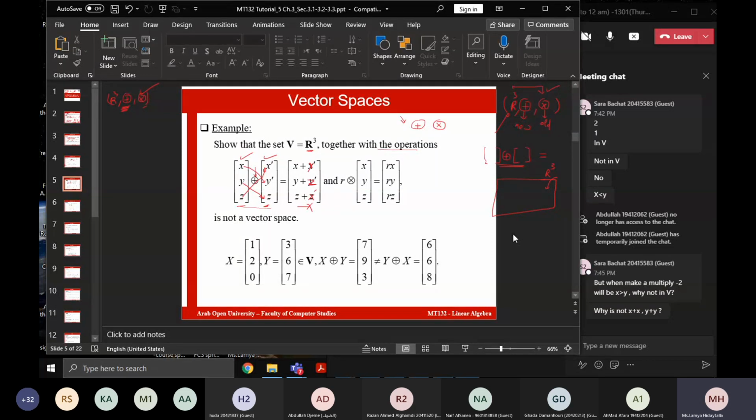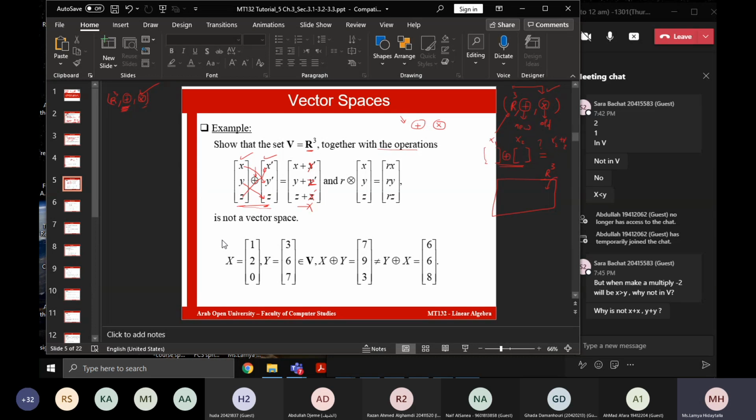Okay, now the commutativity. If I add a vector, let's call it x1, to the vector x2, is it the same as adding x2 to x1? So I have to test it. You can test it by an example or in general. No problem, even if it's an example with numbers, it's okay.